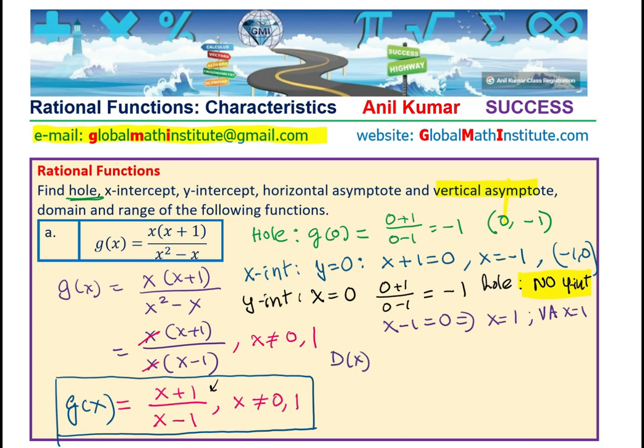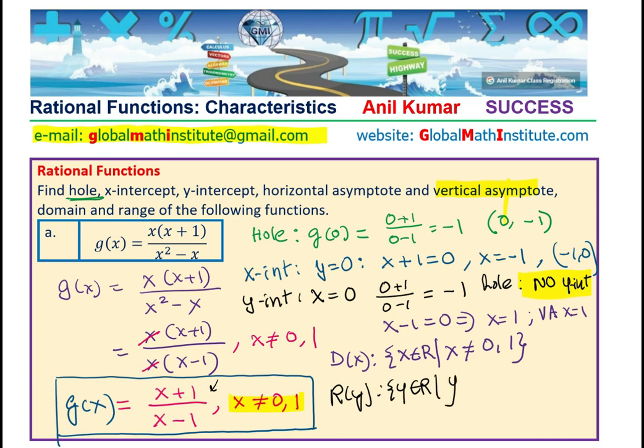Now let's come to the domain, right? The domain of this particular function is x belongs to real numbers. However, two values are excluded. One is the hole, and the second one is the vertical asymptote. So x is not equal to 0 and 1, as already mentioned. Now let's get to the range. The range, the y values, will be y belongs to real numbers.